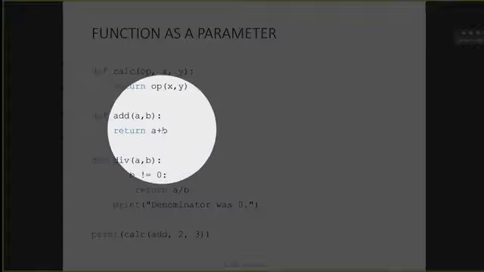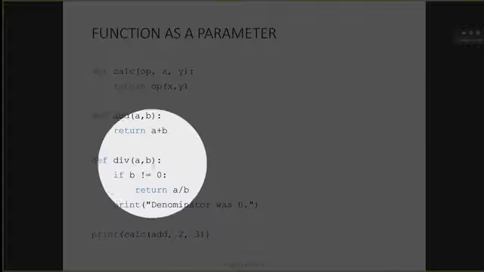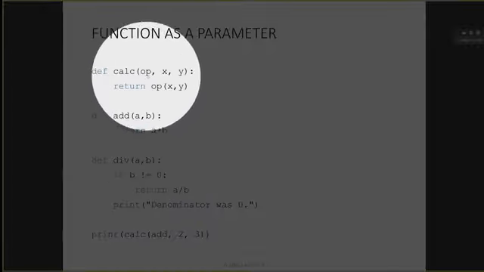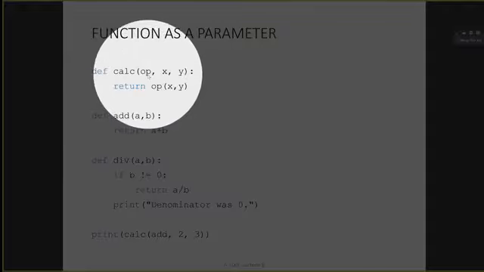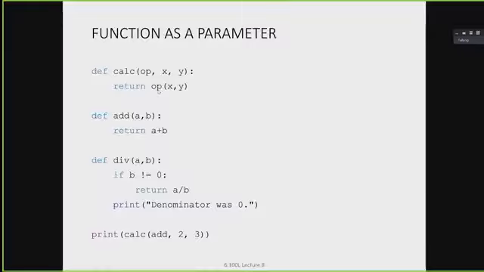Add does something pretty simple. Div has maybe a print statement, but also does something pretty simple. Calc is the one that's really strange, right? Because it takes in these 3 parameters, but what's the thing it's doing in here? It's kind of treating one of the parameters, op, operation, as a function. Okay, that's what's strange about calc.